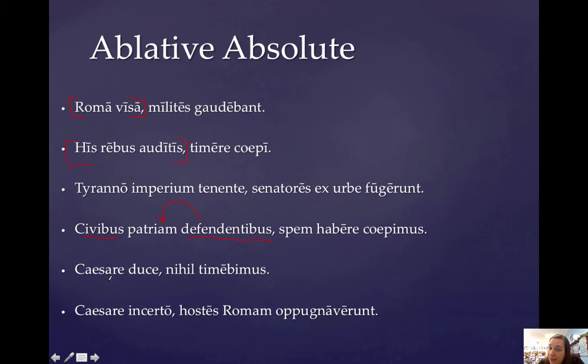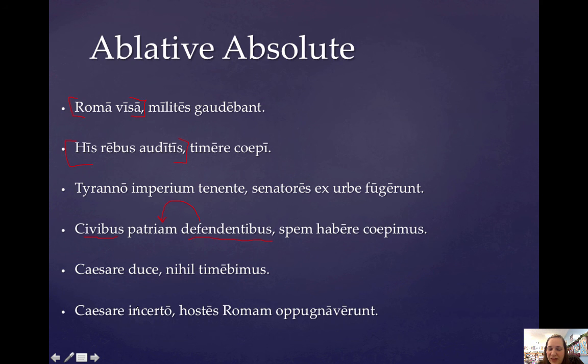Okay, notice here we have Caesare duce, nihil timebimus. No participle in the ablative. We have one of these examples of the two nouns in the ablative making an ablative absolute with an implied ablative participle of esse. So we will fear nothing with Caesar being, you have to include in English that implied to be, with Caesar being general, or since Caesar is general, we will fear nothing.